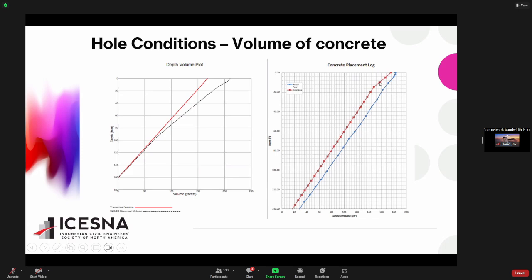If you drill the hole very nicely, then perhaps your line should be close to the red, right? But here it's telling us that actually your hole is bigger, and therefore you use more concrete. It costs you more. So this is another check, to check whether your hole is reasonable or not.